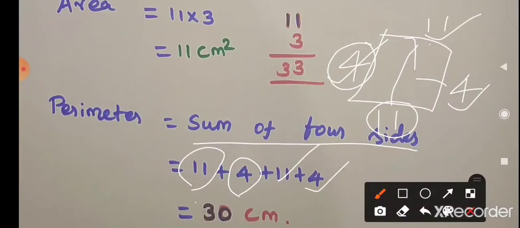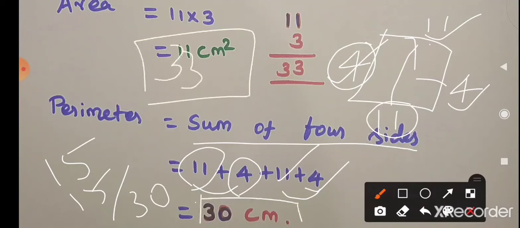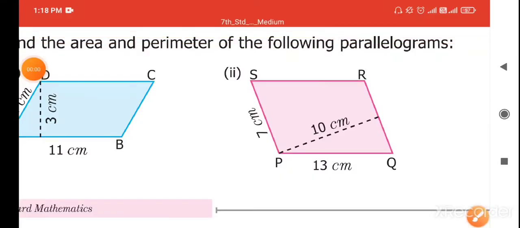So 11 plus 4 is 15. Here also 11 plus 4 is 15. 15 plus 15 is equal to 30 centimeters. Area means centimeter square. Perimeter is a length, so we put the unit as centimeter.